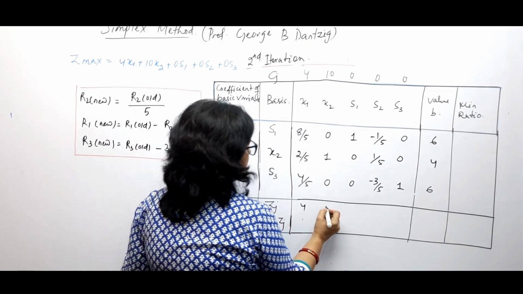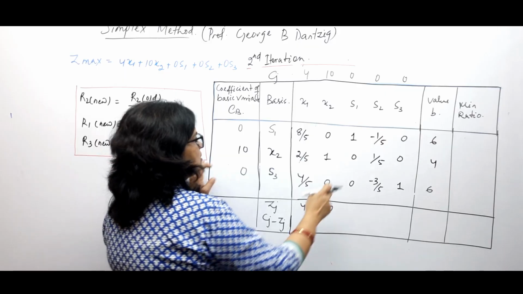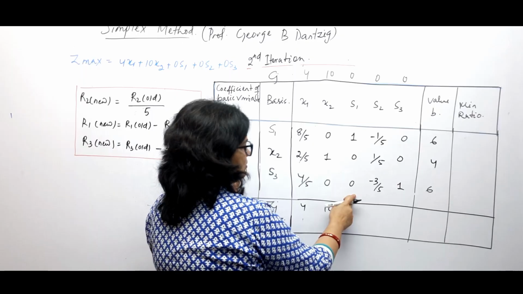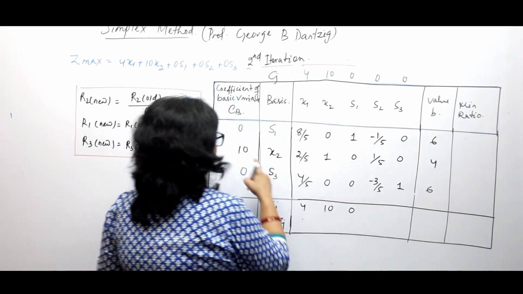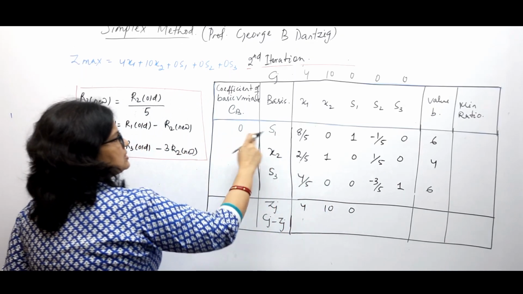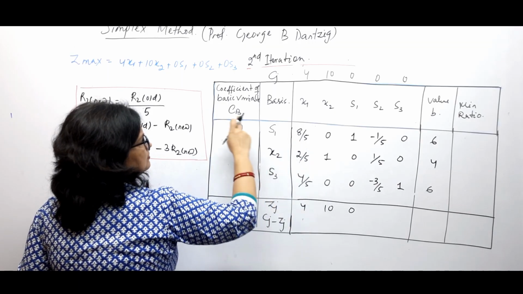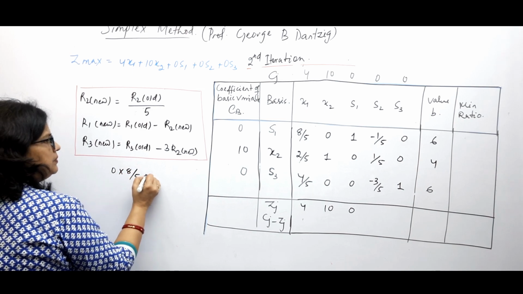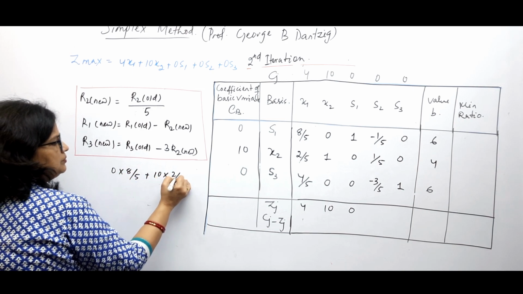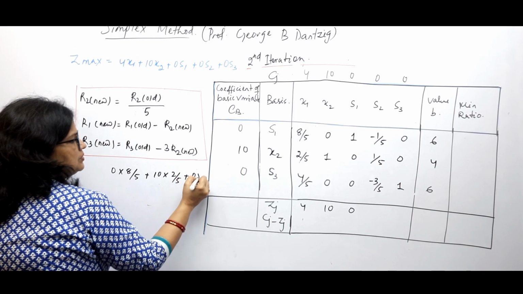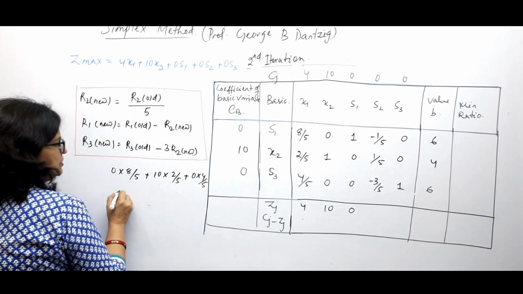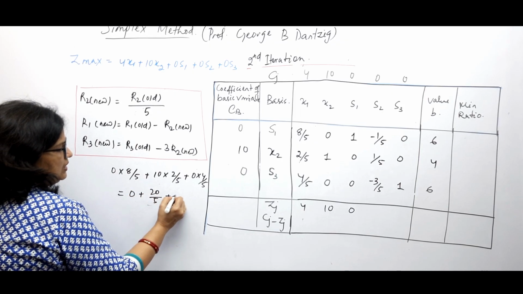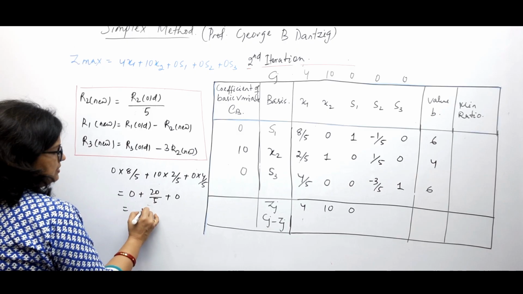So the value will be 10 here. Now 0 into 1, 0, 10 into 0, 0, plus 0 into 0, 0. So this is 0. How we are calculating this is, suppose I am doing CB into x1: 0 into 8 by 5 plus 10 into 2 by 5 plus 0 into 4 by 5, which is 0 plus 20 by 5 plus 0, that is 4.